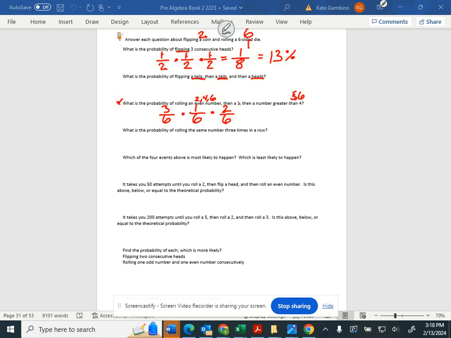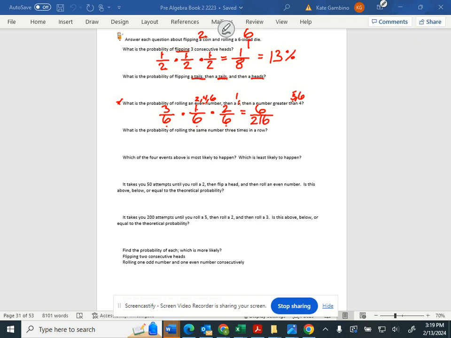And we're going to multiply across. There are 3 events, an even number, a 1, and a number greater than 4, so I should see 3 probabilities that I'm going to multiply across. 3 times 1 is 3, times 2 is 6. 6 times 6 is 36, times 6 gives me 216.